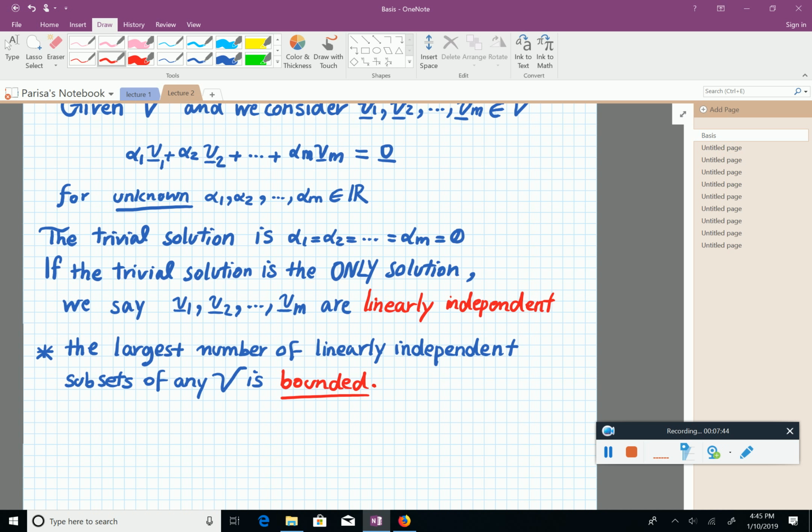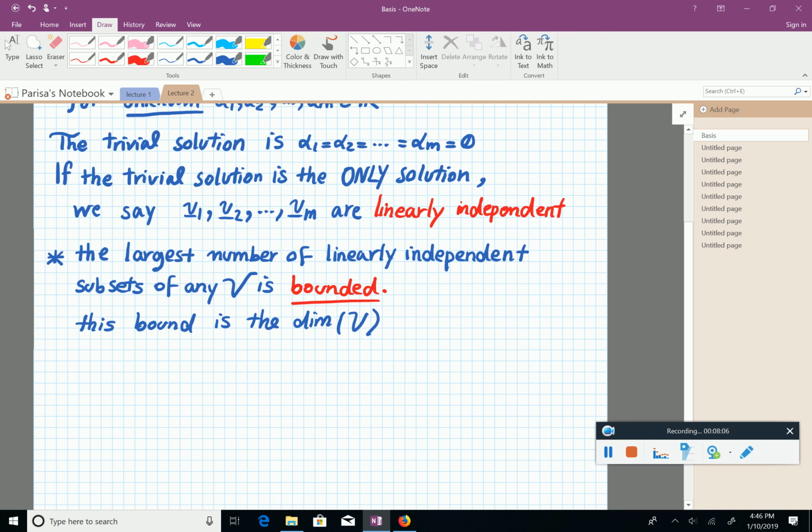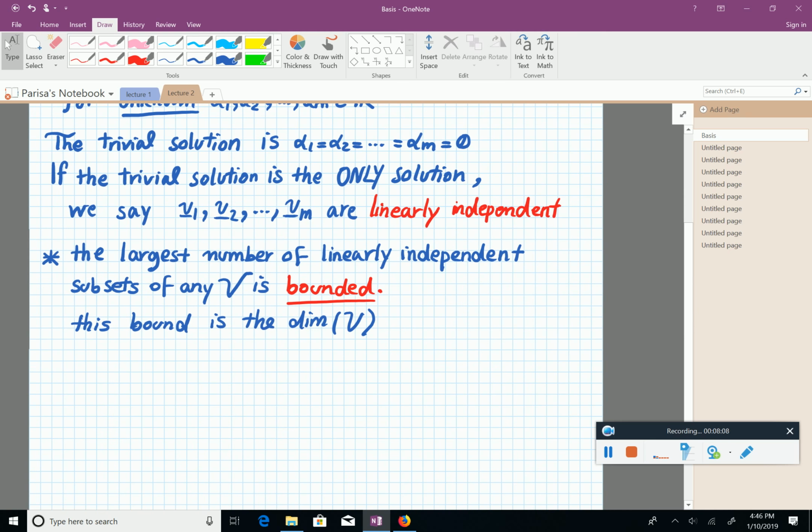So we call this bound the dimension of the vector space. And we care about it because this is exactly what we need to define a basis. We were making all these introductions to actually get to basis.